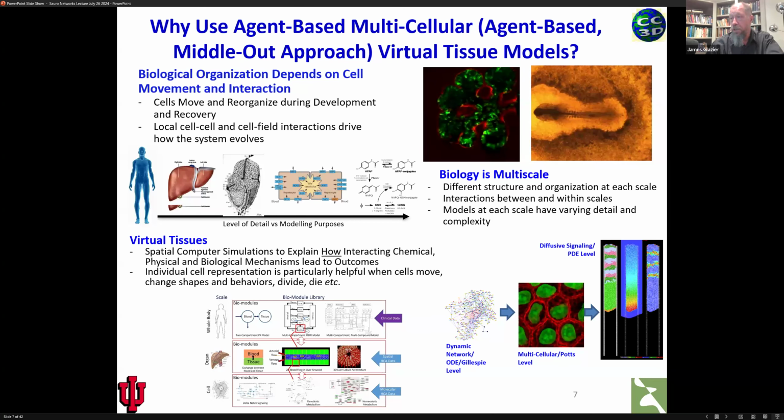Here you see chemical oscillations inside of the individual cells. You see long-range gradients of chemicals. You see coupling between the cells, and you also see changes of cells. There's cell division going on, there's cell differentiation going on, and cell migration due to different cell behaviors.